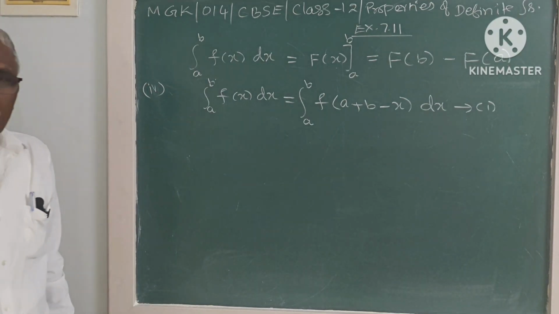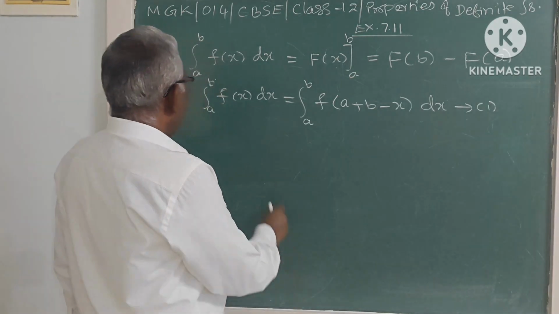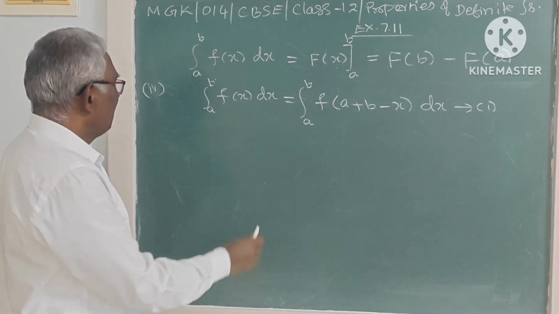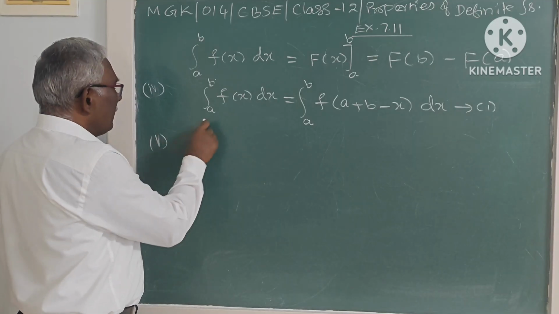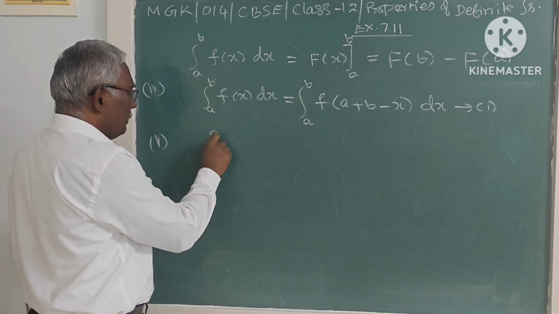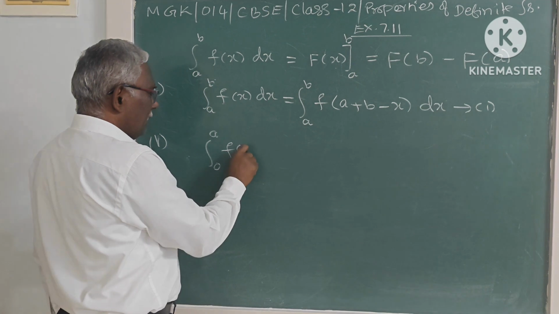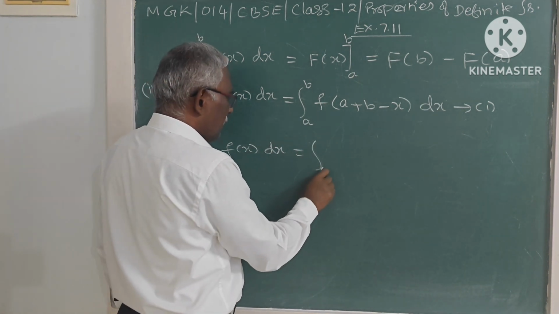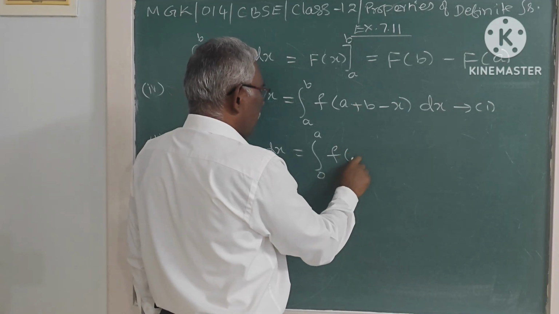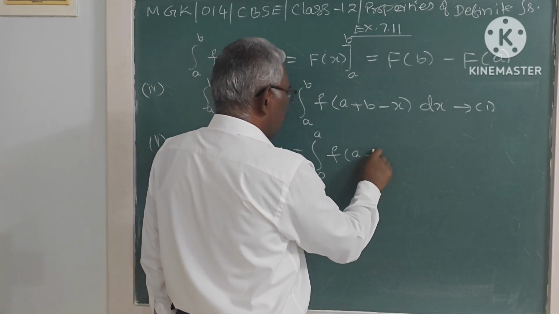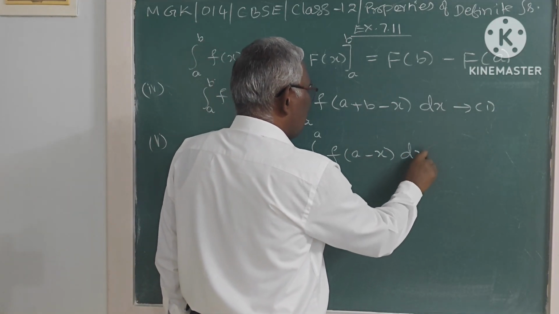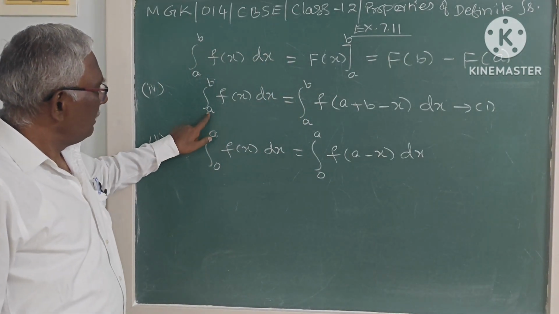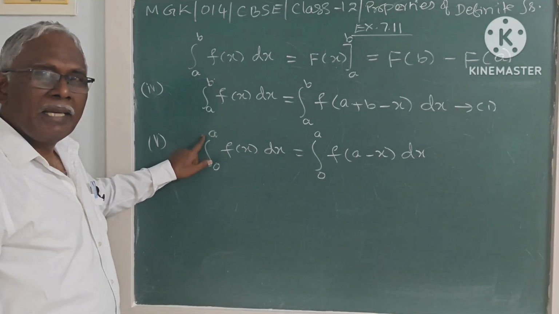The next property is replace a by 0 and b by a. What will we be getting? Integral 0 to a f of x dx is equal to integral 0 to a f of a minus x dx. Here we are replacing a by 0 and b by a.